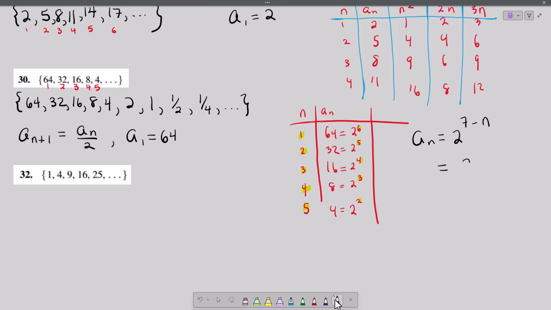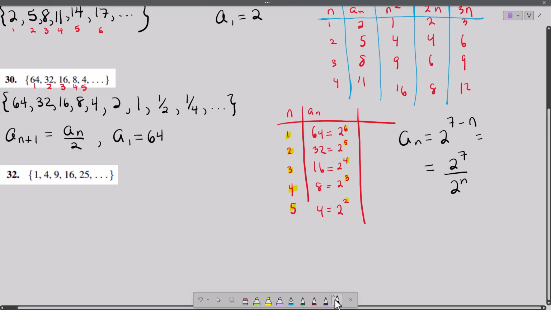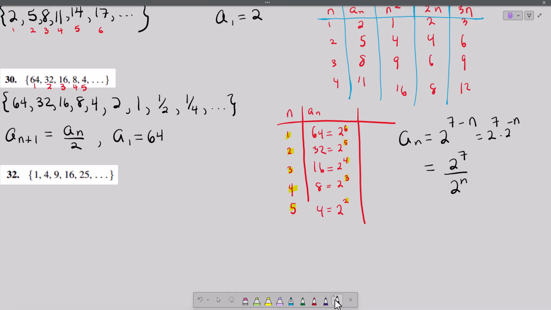You could write this as 2 to the 7 over 2 to the n, right, using laws of exponents. 2 to the negative n is 1 over 2 to the n. So you could separate this, if you know your laws of exponents, which you should by now.